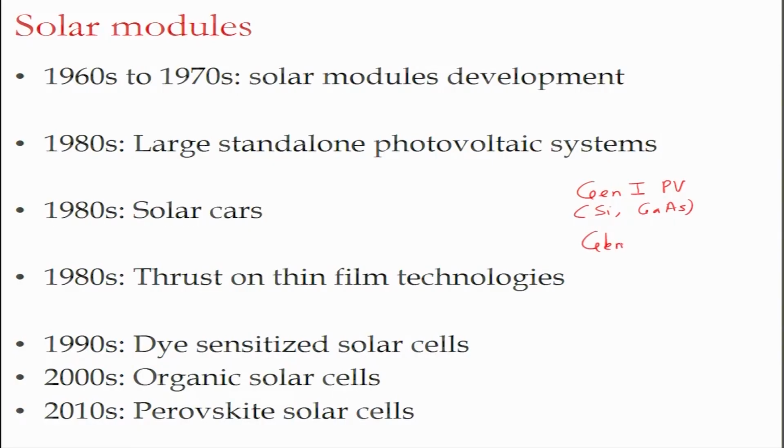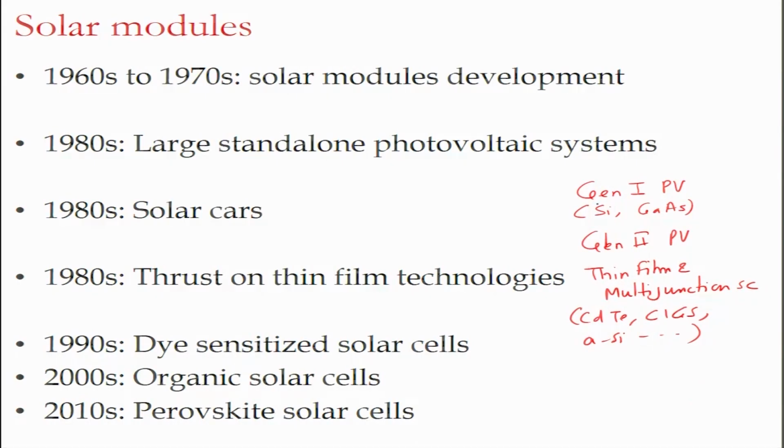Then we have Gen 2 PV. This is basically thin film and multi-junction solar cells, and this is primarily based on cadmium telluride, copper indium gallium selenide, CIGS as we call it, amorphous silicon, and so on.